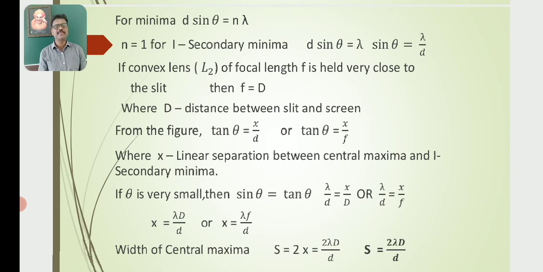If the distance between slit and screen is approximately equal to the focal length of the convex lens, placed very close to the slit, then from the figure tan theta is equal to x by d, tan theta is equal to x by f, where x is the linear separation between the central maxima and first secondary minima.